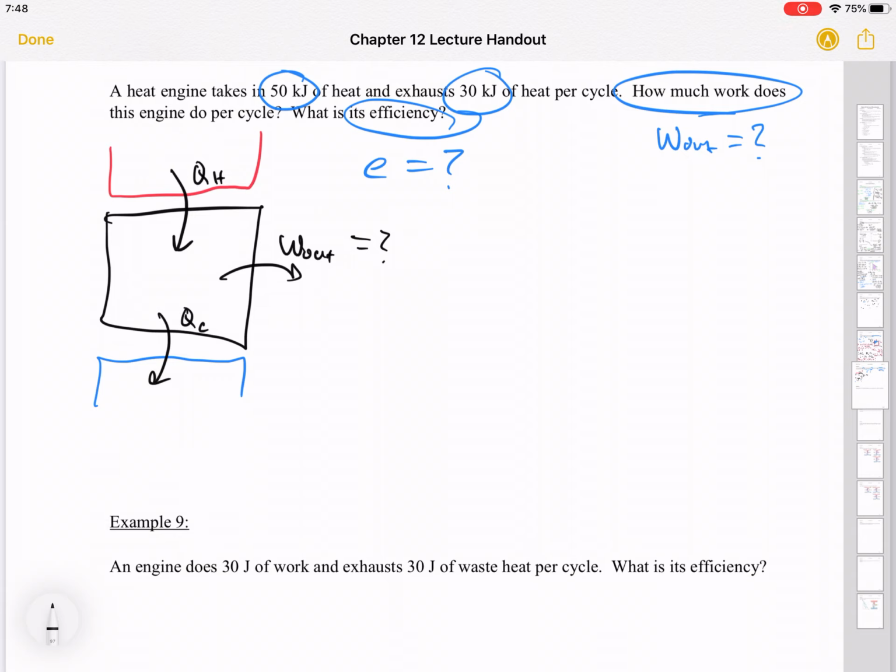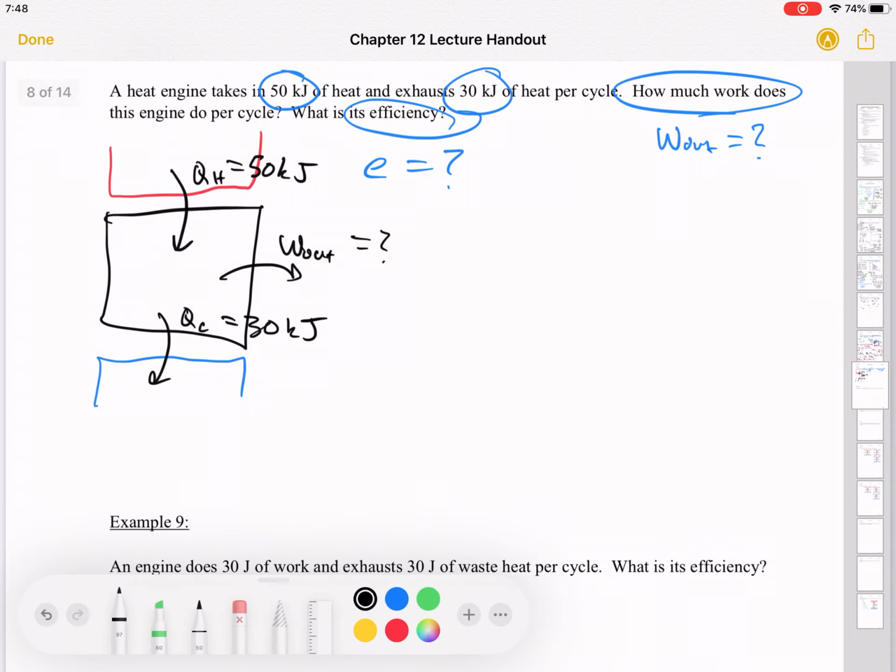So that's Q hot, right? And it exhausts 30 kilojoules. So exhaust means to expel, right? And we'll see an example of exhausting heat in a different way. Basically, Q hot and Q cold are going to change terminology in the next system that we talk about, which is why I'm bringing this up.